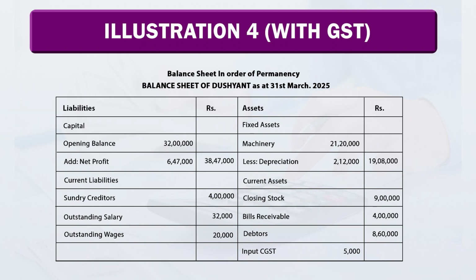Now, we will switch over to the asset side. Fixed assets, machinery is given to us 21,20,000, depreciation to be deducted, and we have deducted over here, that comes to 19,08,000 rupees.